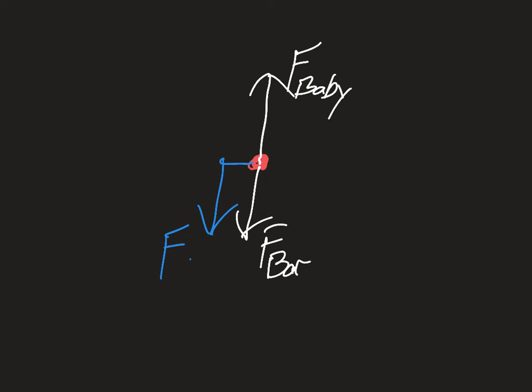Now we said before that the baby is applying a force up. We called that the force of baby. And we said that had to be equal to the force of the bar because it's being applied down. Now, we also said on that weight, that big dumbbell, that there had to be a force of gravity being applied downward, right?